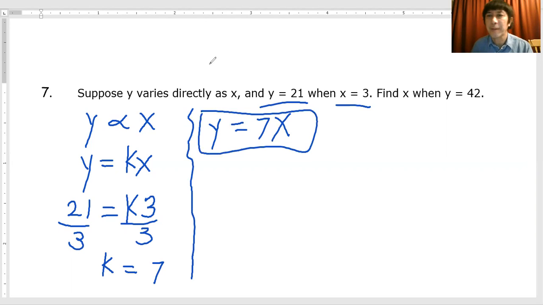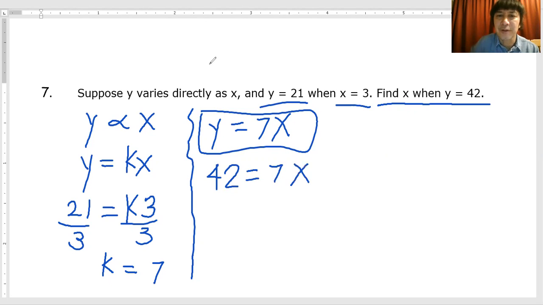Determine the requirement. Find x when y equals 42. So we're looking for x this time. So y is 42 equals 7x. And so we continue by division.